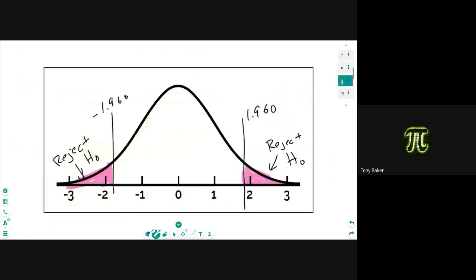All right. Go back to our wonderful little bell curve. Since it is two-tailed, we have the 1.96 on both sides. We have the positive of it and the negative of it. Remember, it's symmetrical, so it's the same on both sides.